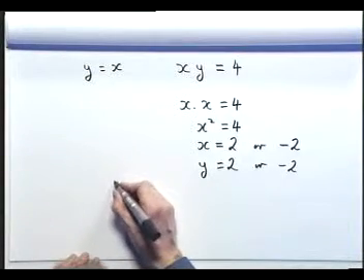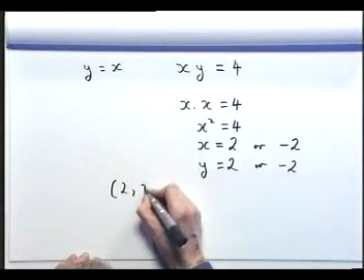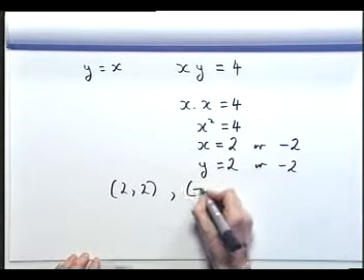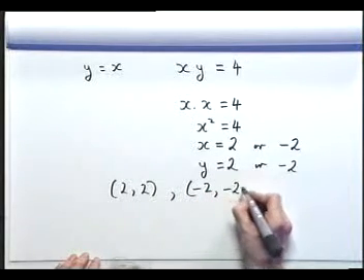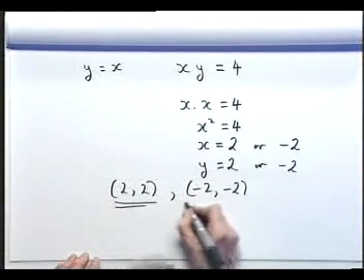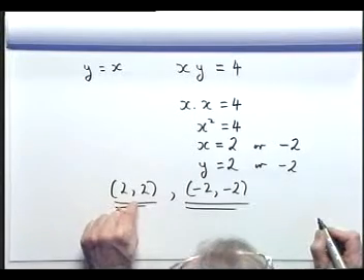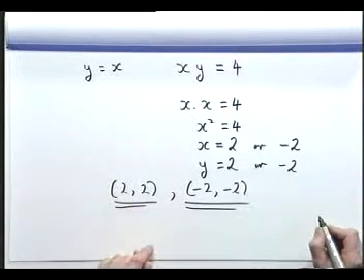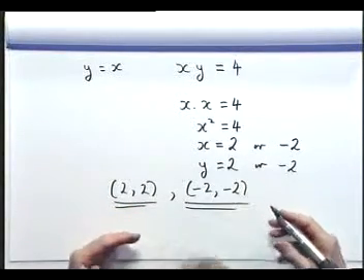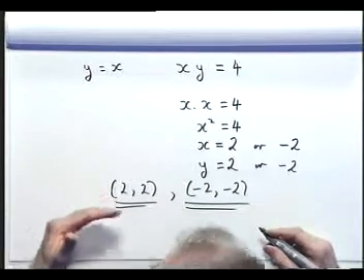And so our two points are (2, 2) and (minus 2, minus 2). Those are the two points where the normal meets the curve. Notice this is the first point that we started off with. And indeed, when we're doing this kind of question, the point where we started off with always is going to be a part of the solution.